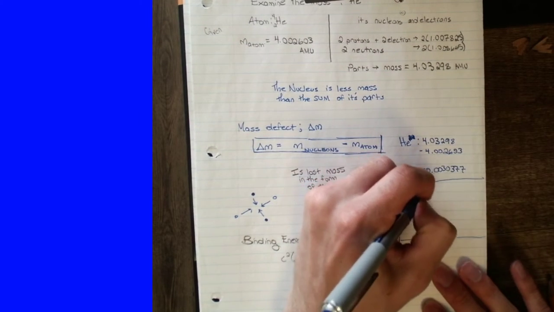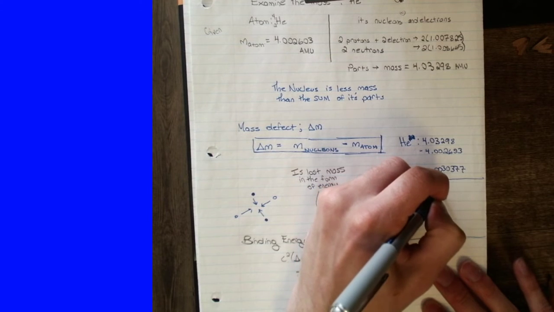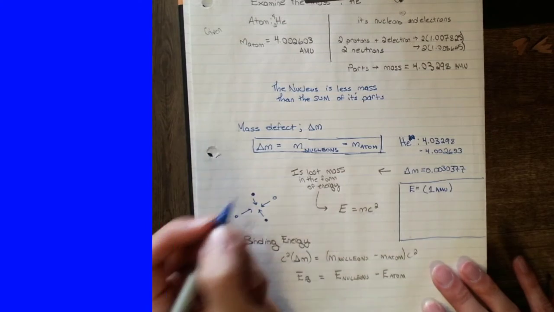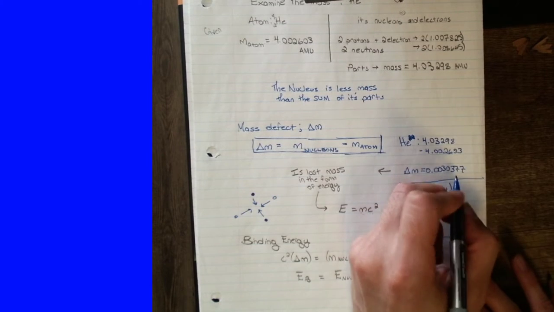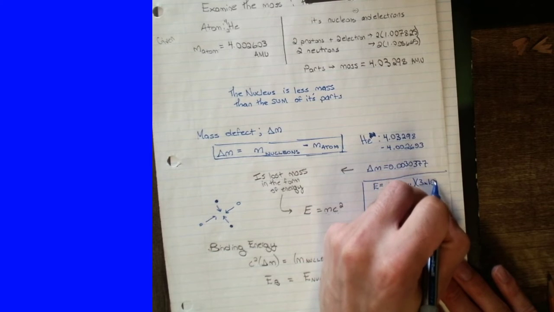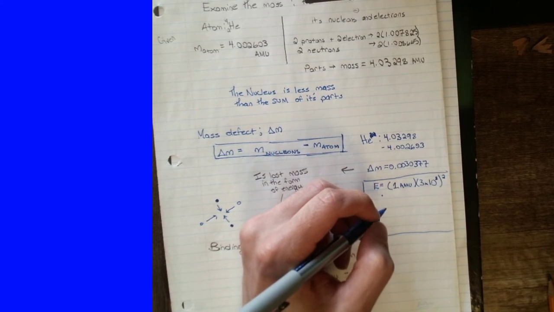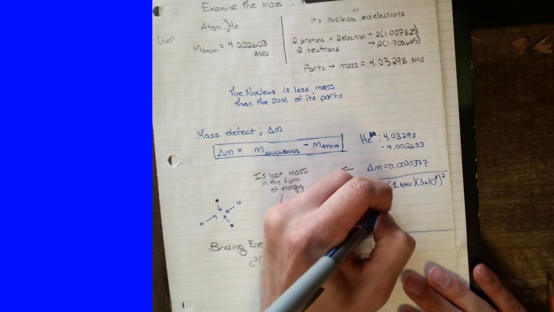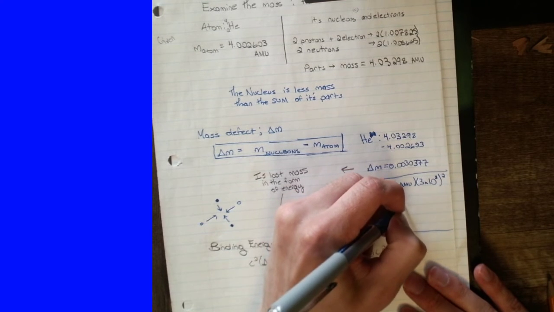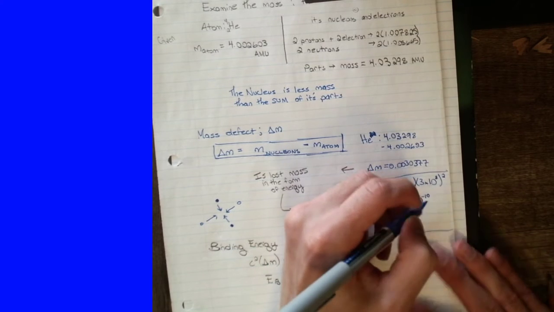Energy is equal to M, so we call that the 1 atomic mass unit, M, times c squared, so 3 times 10 to the 8 squared. And the energy you get in joules is roughly 1.492 times 10 to the negative 10 joules.